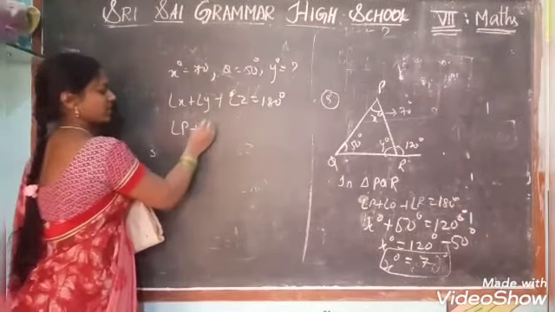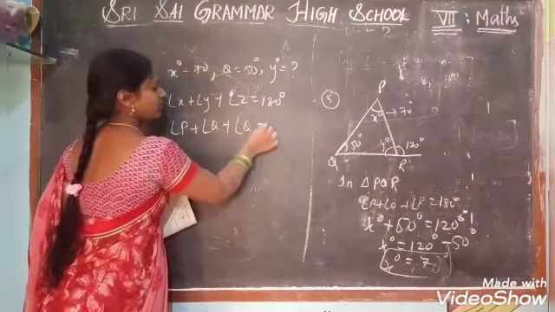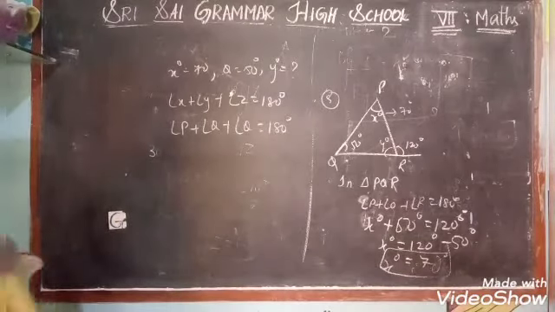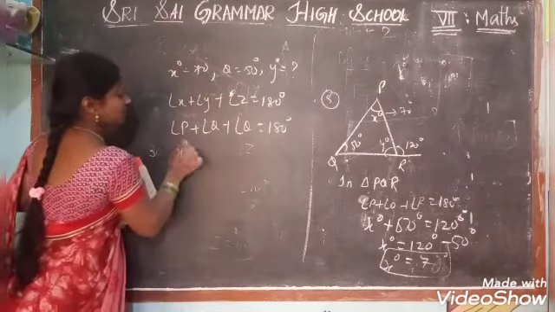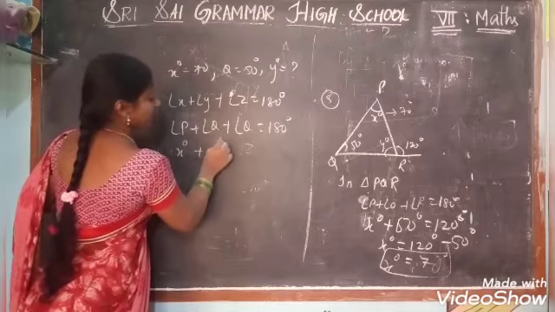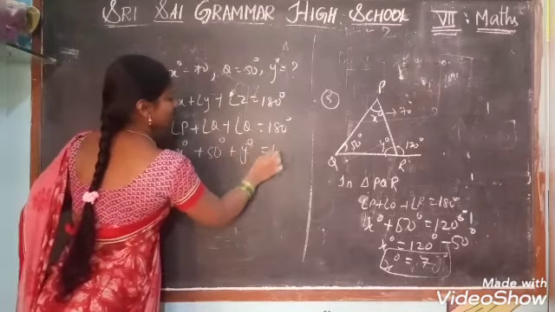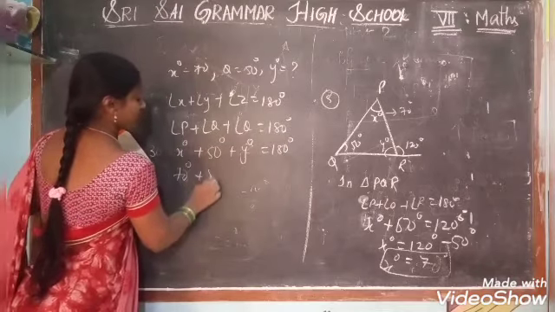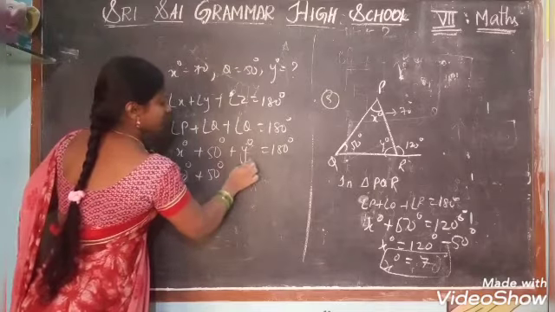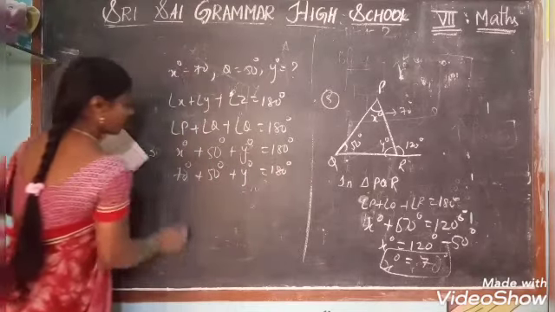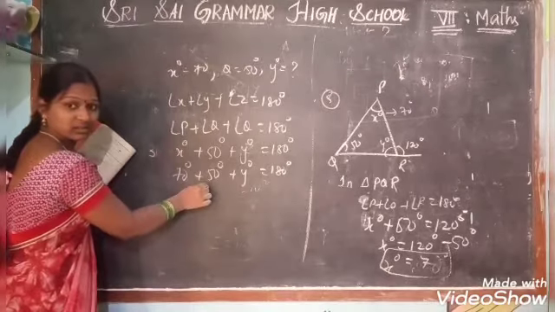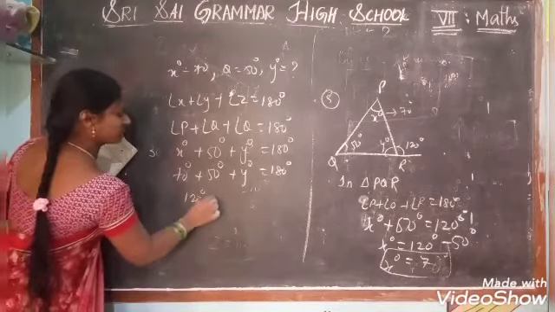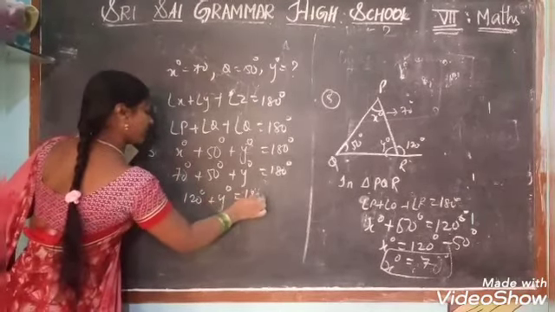Angle P plus angle Q plus angle R equals 180 degrees. What is the value of x? That is P. So x degrees plus 50 degrees plus y degrees equals 180 degrees. Now 70 degrees plus 50 degrees plus y degrees equals 180 degrees. 120 degrees plus y degrees equals 180 degrees.